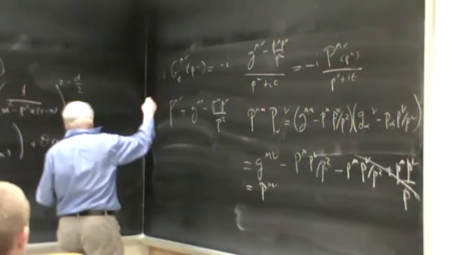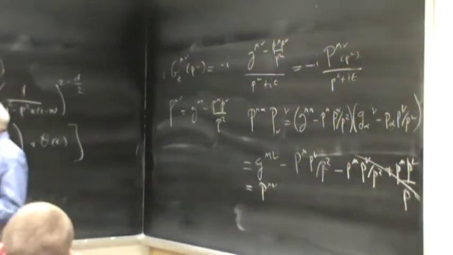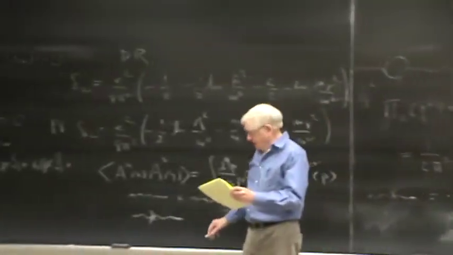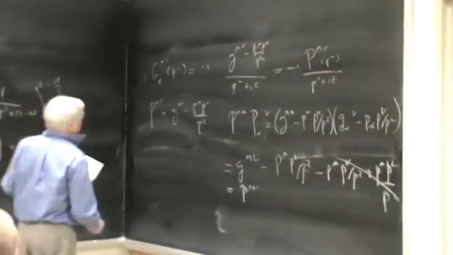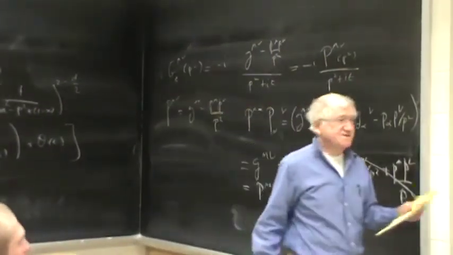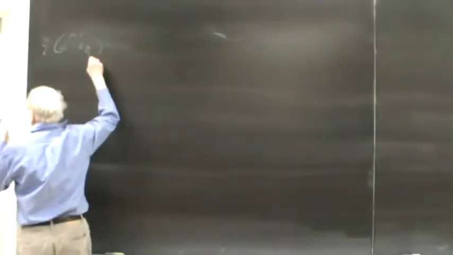So this is the tree level thing. What happens if we include this diagram plus this diagram plus that diagram? I'm running out of blackboard space again. What we have is i G mu nu of P, let us say.